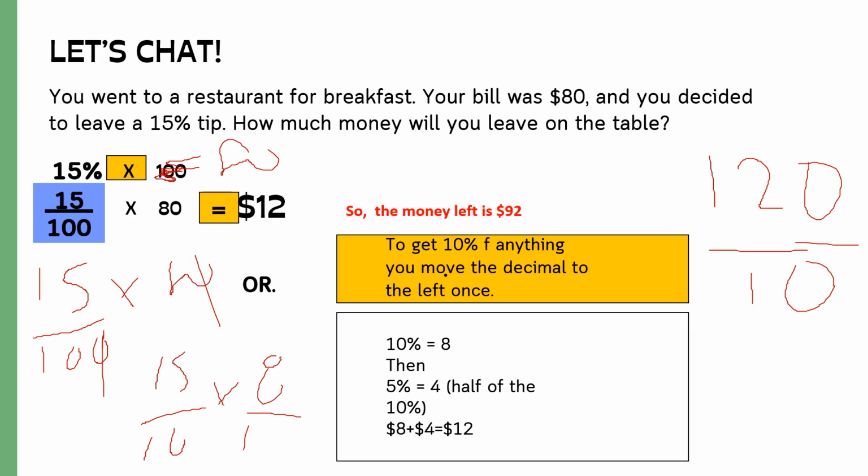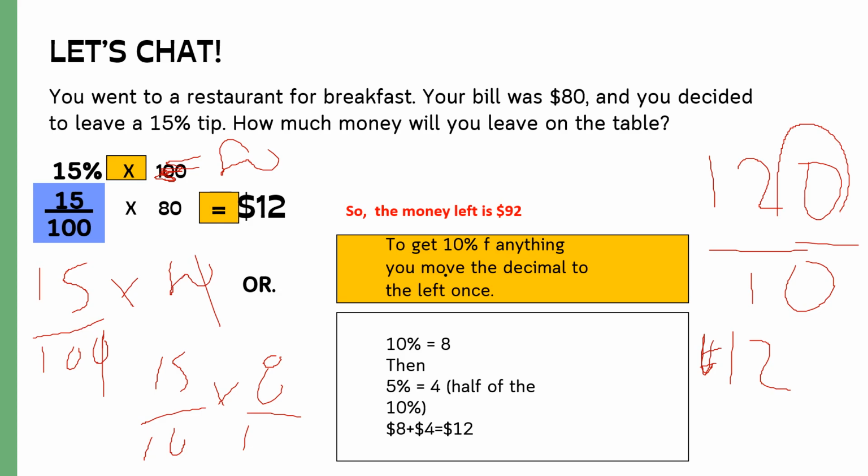Right? So we're dividing by 10. So what we're going to do is move the decimal one place to the left. So that's how the answer becomes $12. Right? 12.0, $12. All right. That's one way.